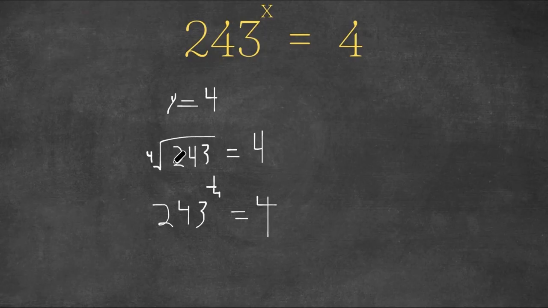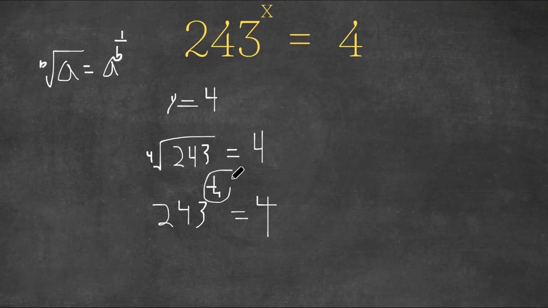Because remember, when we have a to the root of b, this is the same thing as a to the power of 1 over b. So 243 to the 4th root is the same thing as 243 to the power of 1/4. And x here is 1/4 as well. So this is our second method. And that's how you solve this exponential problem.